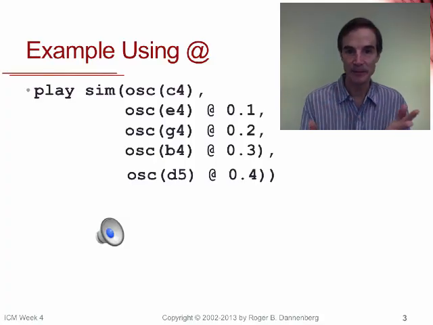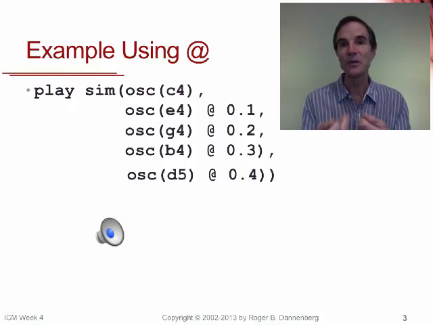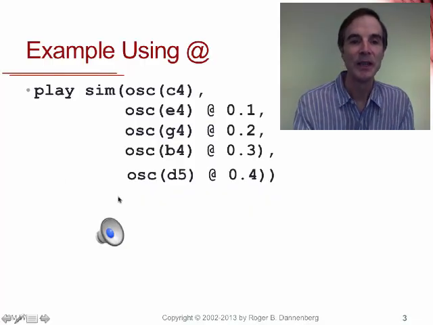They'll all be shifted. So sim is actually a very useful operator for mixing and organizing things in time if you use these shift operators. And we're going to listen to this now.